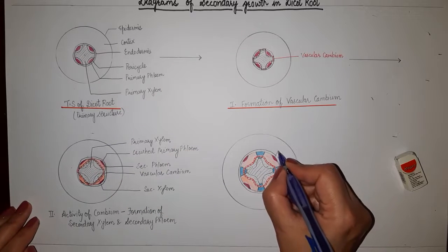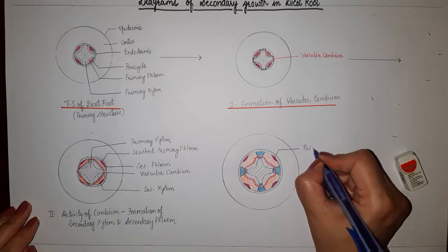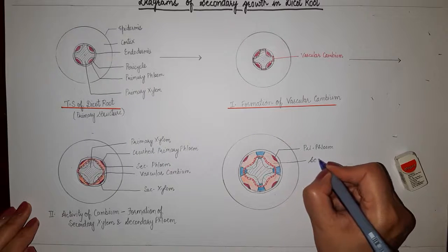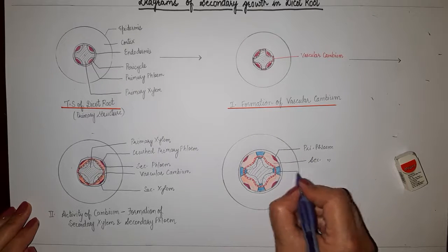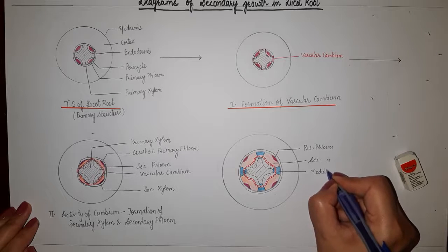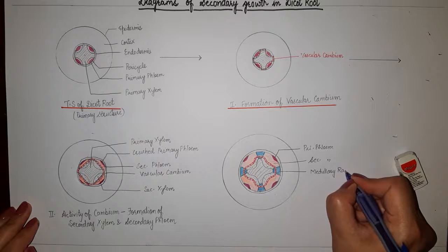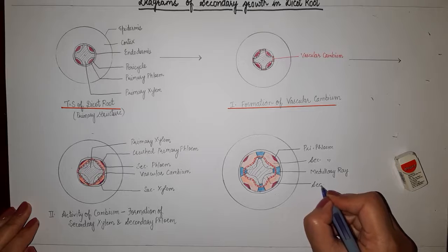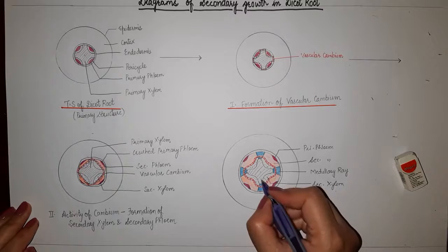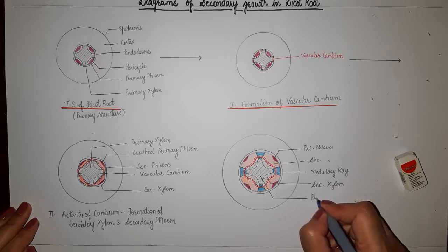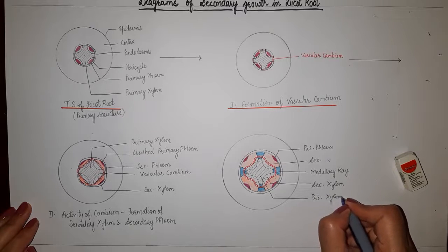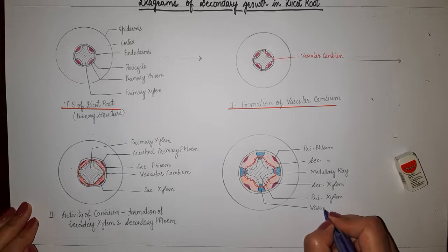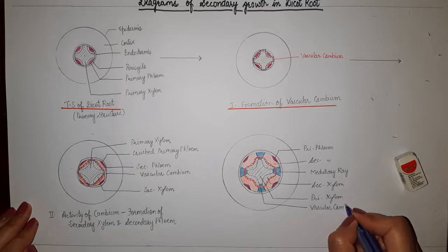So now we have primary phloem, I will use abbreviations, secondary phloem, medullary or vascular ray, secondary xylem, primary xylem, and vascular cambium.